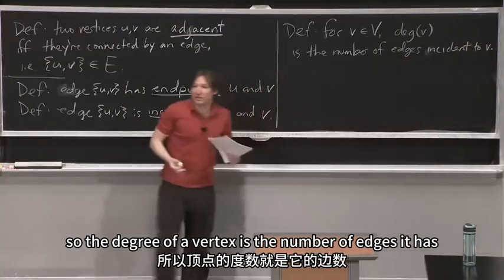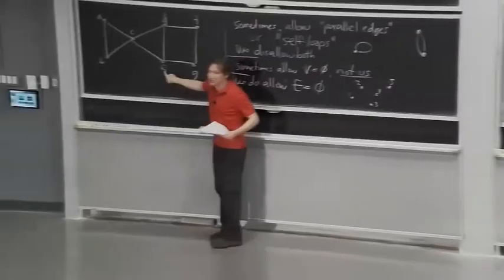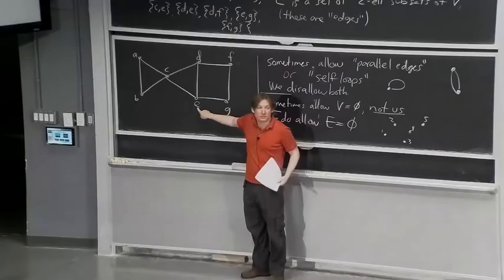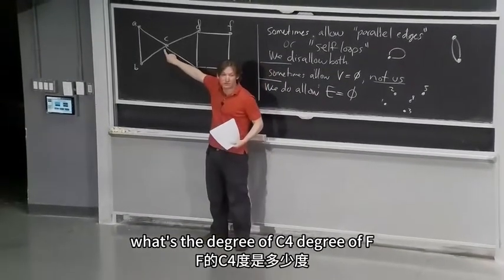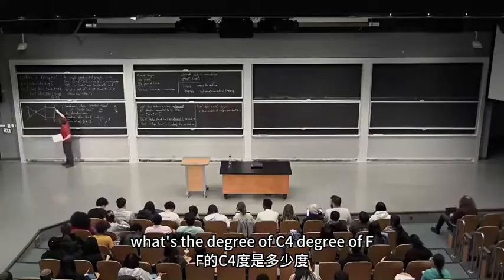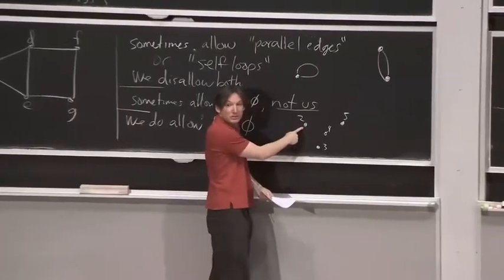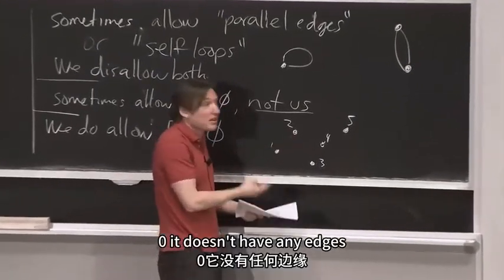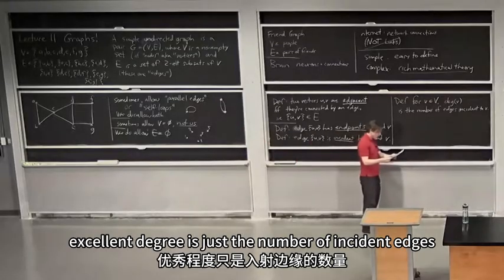So the degree of a vertex is the number of edges it has. So what's the degree of E? Just yell it out. 3, yeah, 1, 2, 3. What's the degree of C? 4. Degree of F? 2. What's the degree of this vertex 2? 0. It doesn't have any edges. Excellent. Degree is just the number of incident edges. Wonderful.